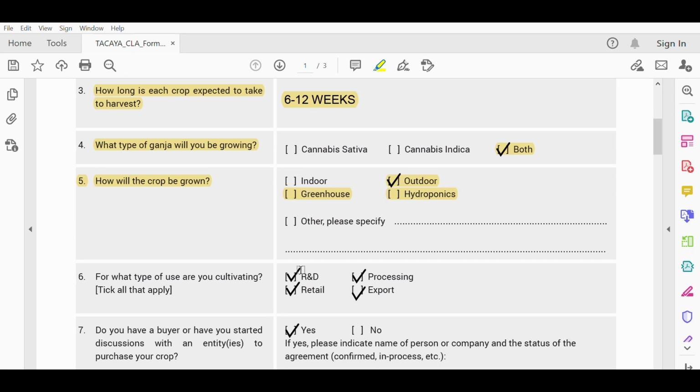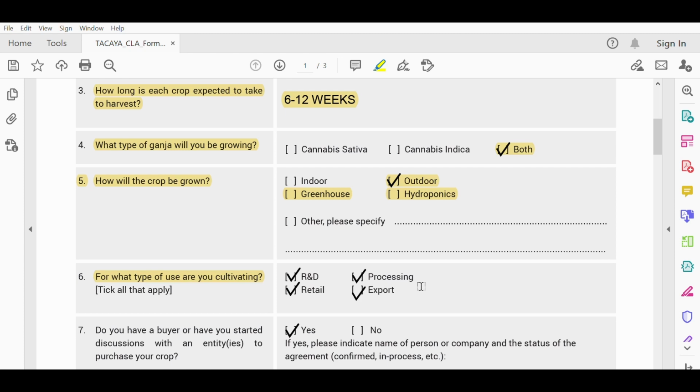622-9948. Then here for question 6, it pretty much just deals with the purpose for which you're cultivating. Are you cultivating for R&D purposes, retail, processing, or export? My recommendation is that you just select all, because you don't know who your buyers may be.